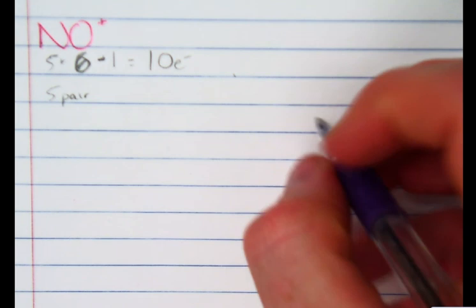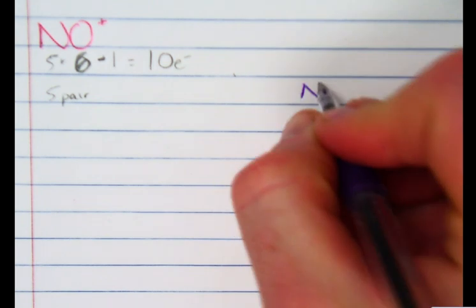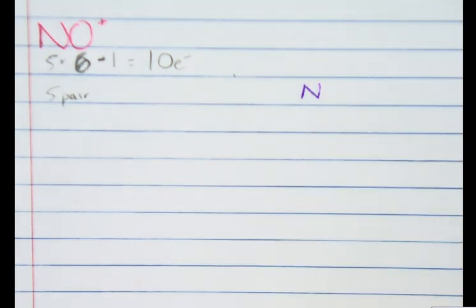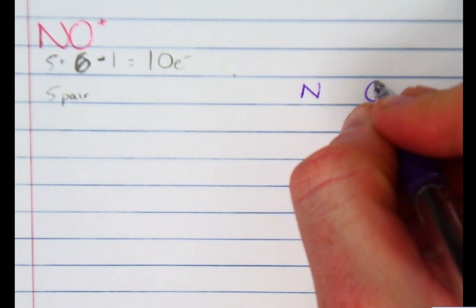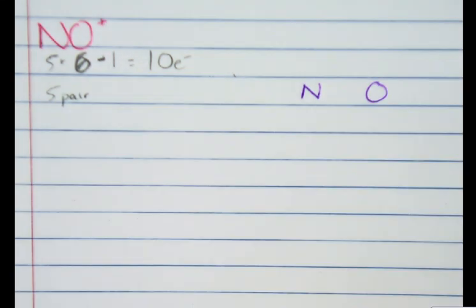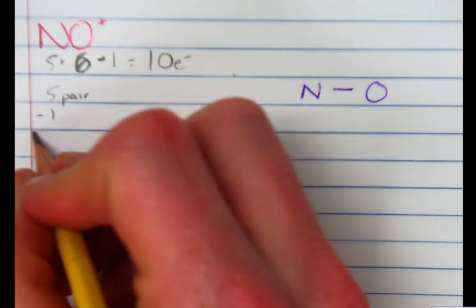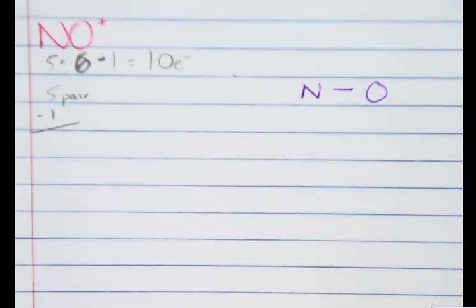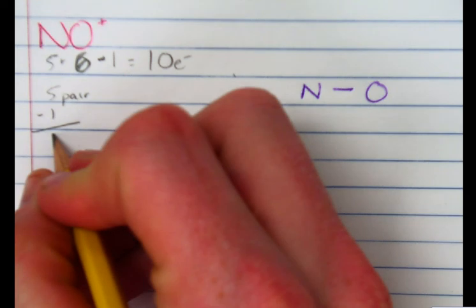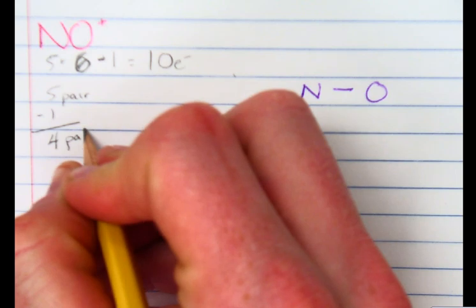The least electronegative element is nitrogen. It's going to be bound to oxygen somehow. So let's go ahead and bond them. That means we've used 1 pair, so we have 4 pairs left.